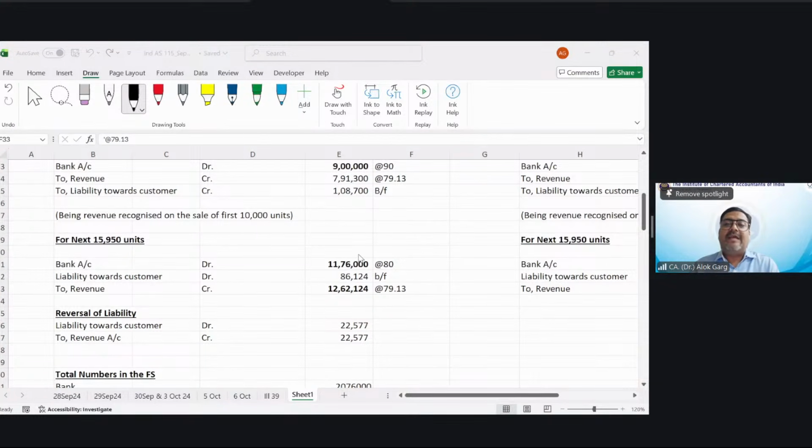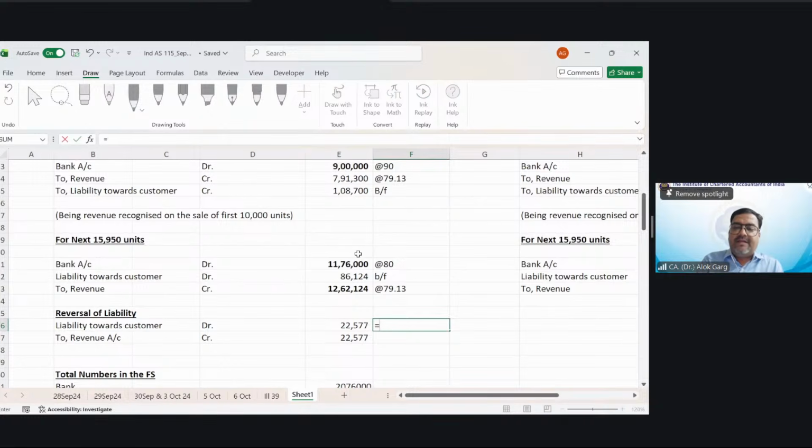But as per the slab of 10,000 to 35,000, what is the applicable price? The applicable price is 80 rupee, right? So I had to recognize a revenue at 80 rupee, but I had recognized it at 79 rupee 13 paisa.